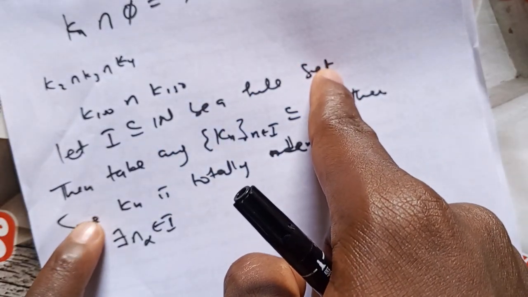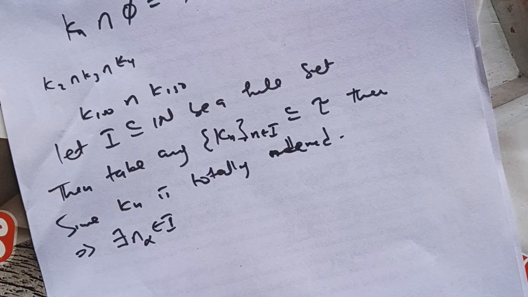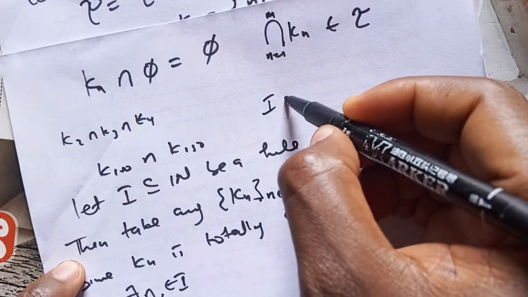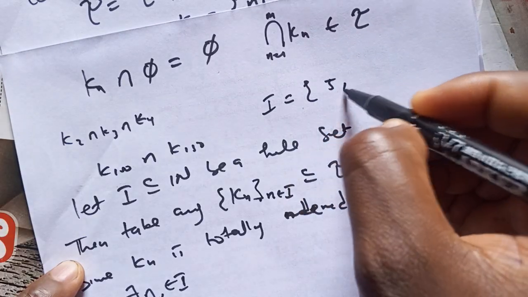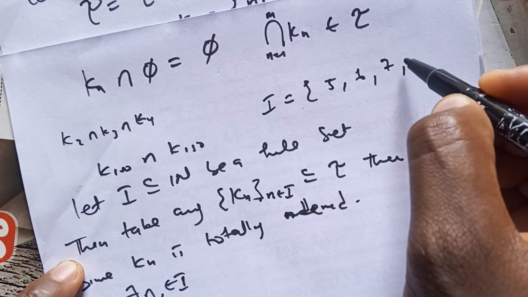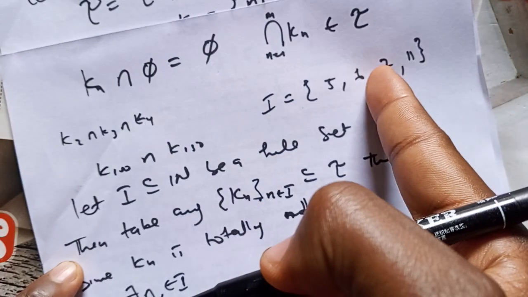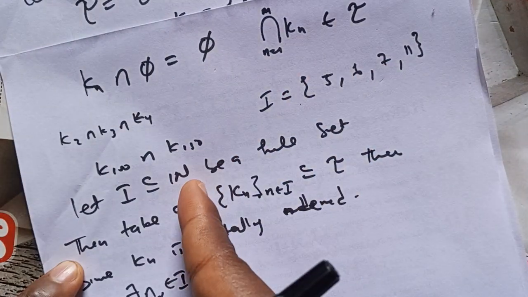Let's say, as an assumption, I could be 5, 6, 7, 11. I could be this, and this is actually a subset of the set of natural numbers.